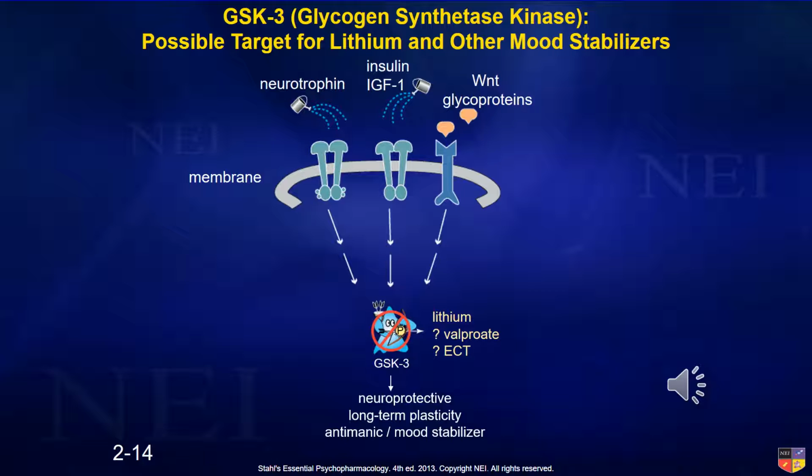Lithium works this way, possibly Depakote might work that way, and as people have investigated electroconvulsive therapy, it might also have an impact upon the GSK3. The end result of this is that it could lead to further neuroprotective actions and long-term plasticity of the nervous system, therefore contributing to mood stabilizing actions.